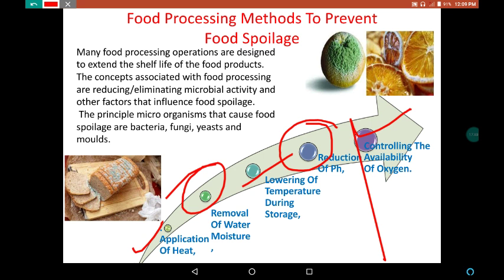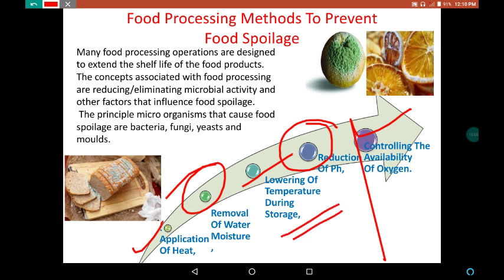Like if we apply heat, then some microbial activity is stopped in that food product and the food can be safe for a few more hours, a few more days. Same as when we remove the water content from a food product, it cannot be destroyed because microorganism growth cannot occur there.